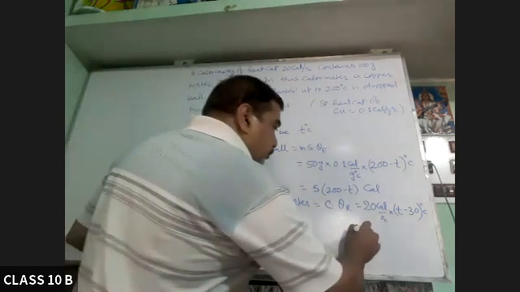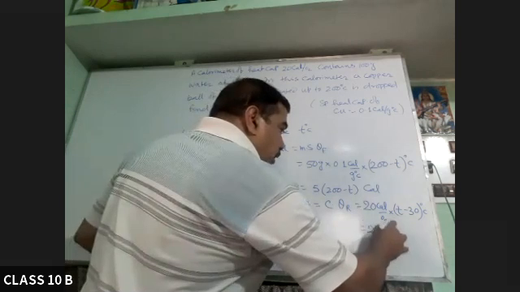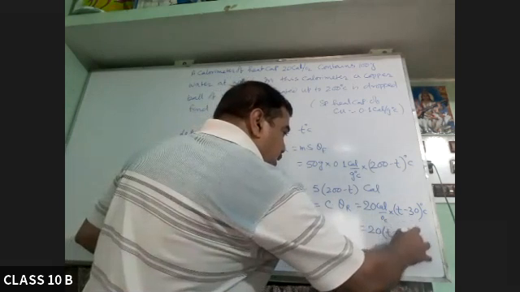So it is simply 20 (T minus 30) calories.